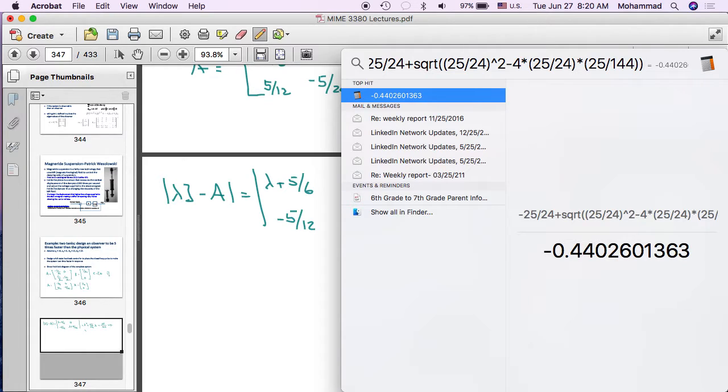Is this right? Minus 0.44, is that what you got as one of the two lambdas?